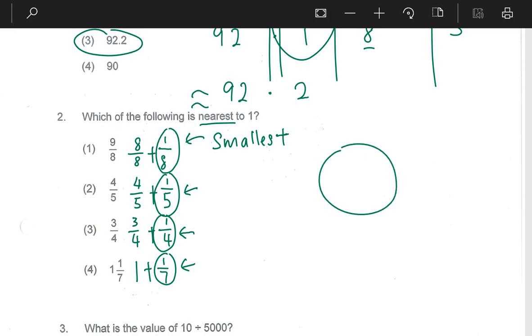If you can remember, in primary 4, your teacher could have said that if you cut the pizza into even smaller pieces by 8, 1/8 will be very small. So because of this 1/8, it should make this fraction closest to 1 whole. So answer 1, because 1/8 is the smallest difference from 1 whole.